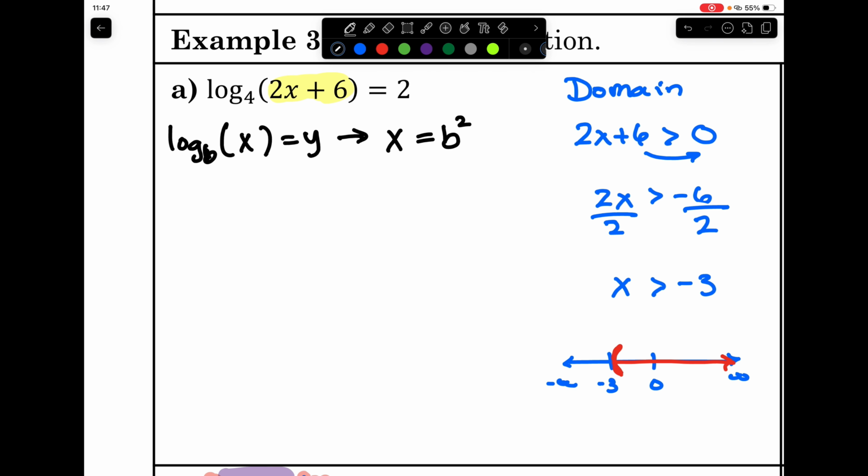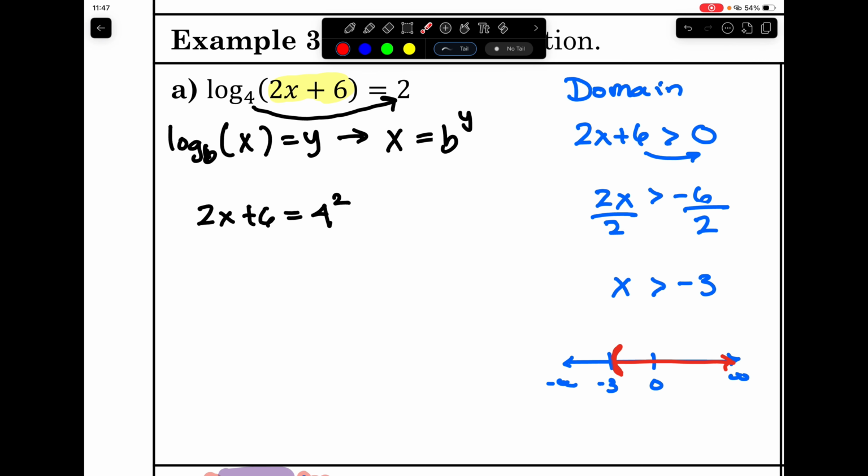So all I need to do is take the 2x plus 6, this value right here, and set it equal to this base raised to this power. Specifically, that would be 4 to the second power.